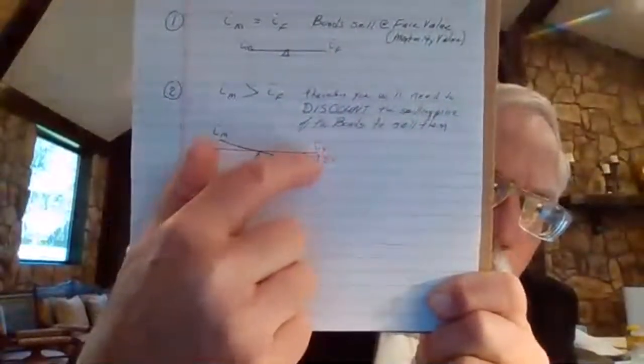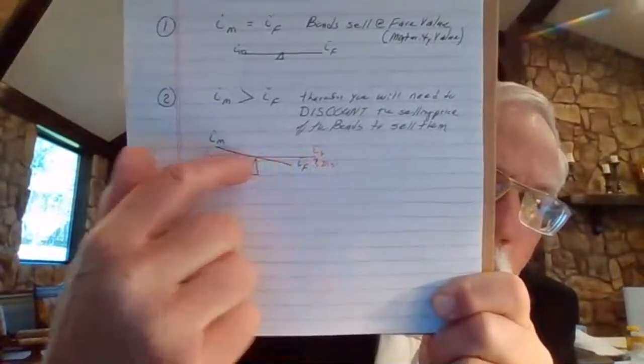So when we discount the bonds, we effectively bring up the yield where it will equal the market rate of interest.